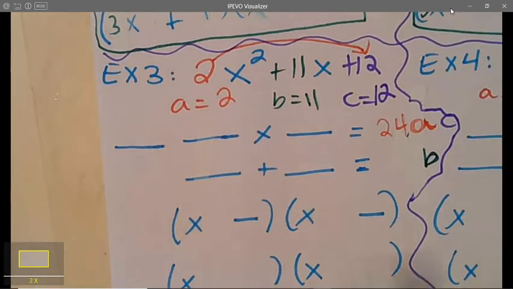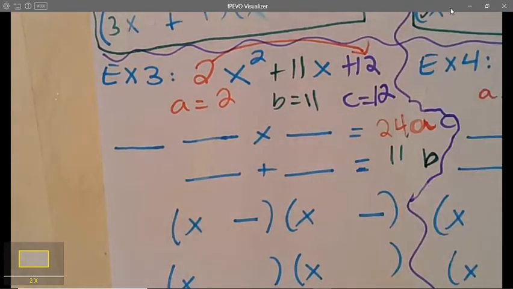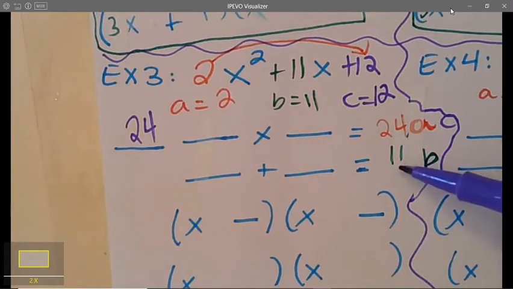So I found my A times my C, which 2 times 12 is 24. And my B is 11. Okay, so now I need to find 2 numbers that will multiply to be 24. And after I find that out, I need to figure out which one of those numbers will add to be 11.